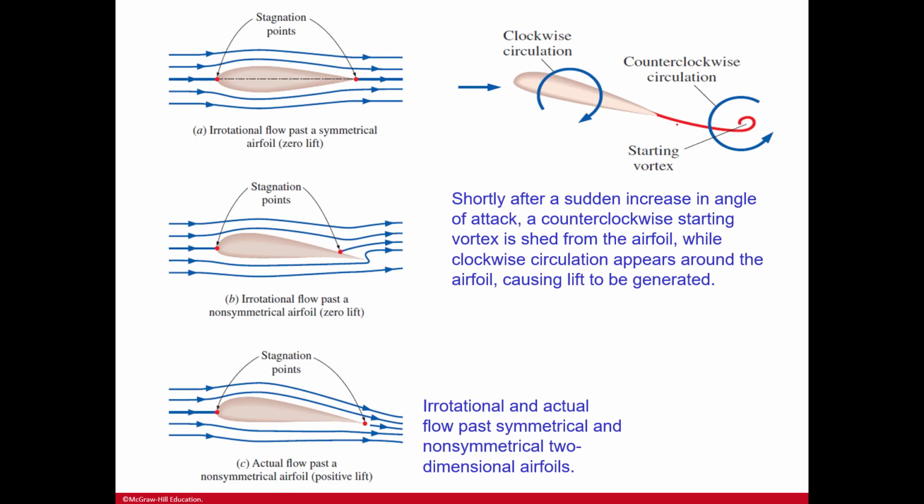Shortly after a sudden increase in angle of attack, a counterclockwise starting vortex is shed from the airfoil, while clockwise circulation appears around the actual airfoil itself, causing the lift to be generated. So this is what causes that lift.